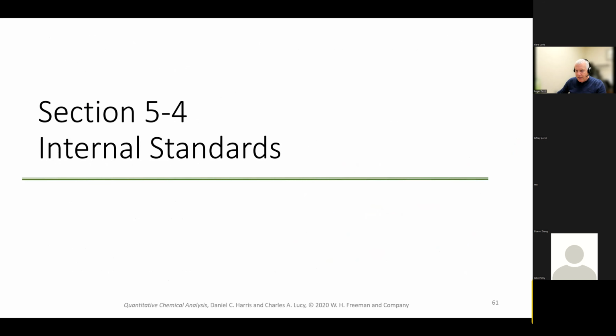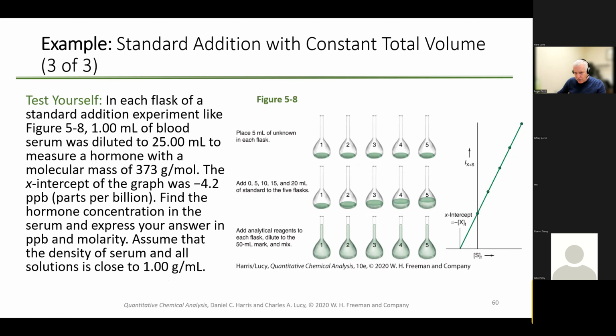So I'm going to leave that there, and we'll do a couple of examples, and I pretty much promise that I won't do this on an exam, on standard additions questions. I might ask why you would do standard additions, or if you would do standard additions with an MIP or an HPLC, right?